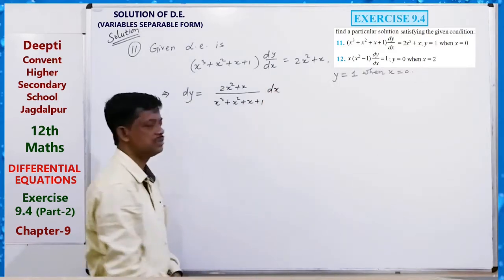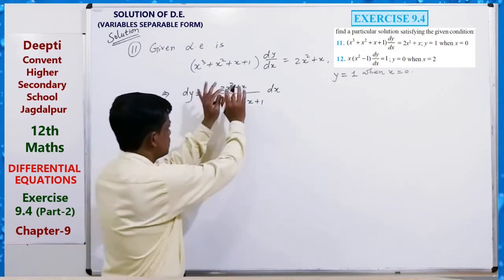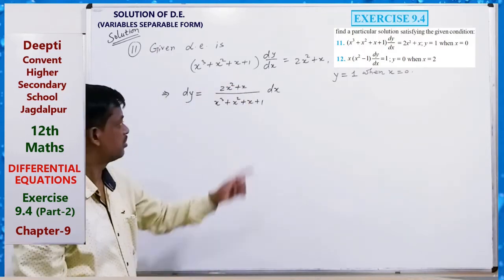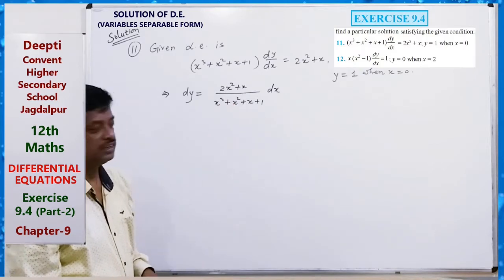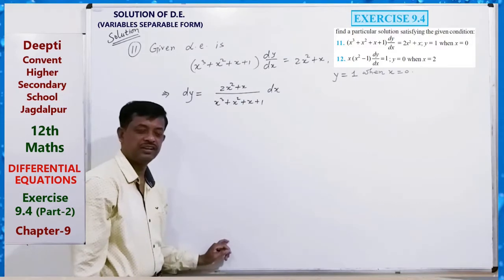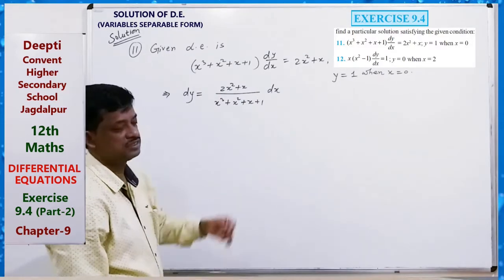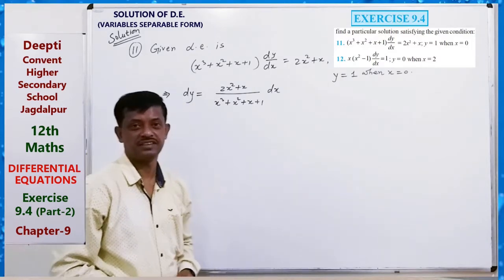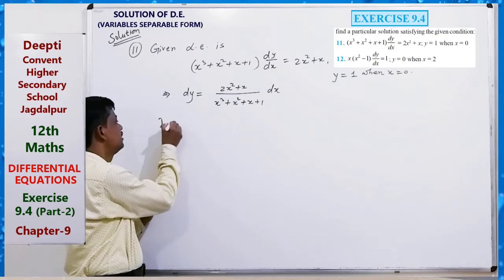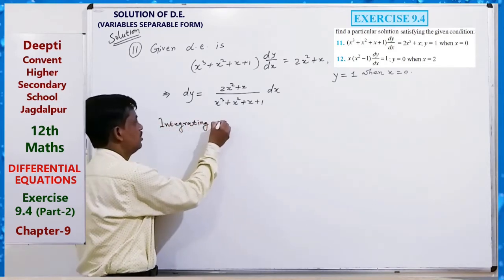The variables are separated, and the total function is of x. Now we have to integrate on both sides. For integration of this second degree upon third degree polynomial, we have to use partial fractions.